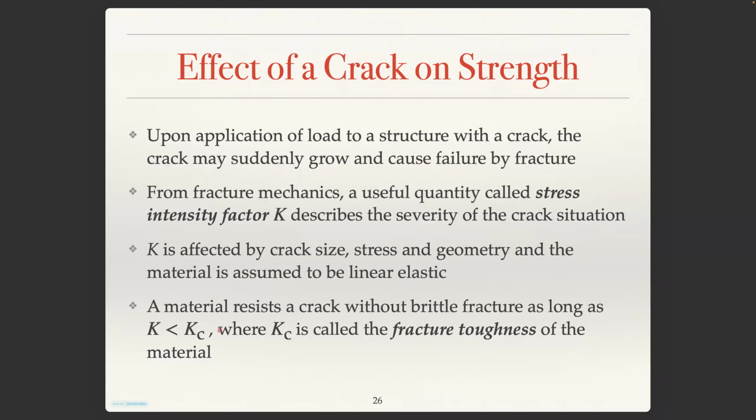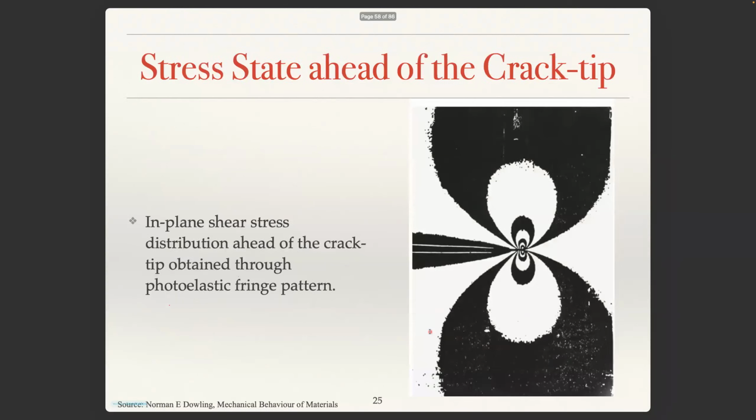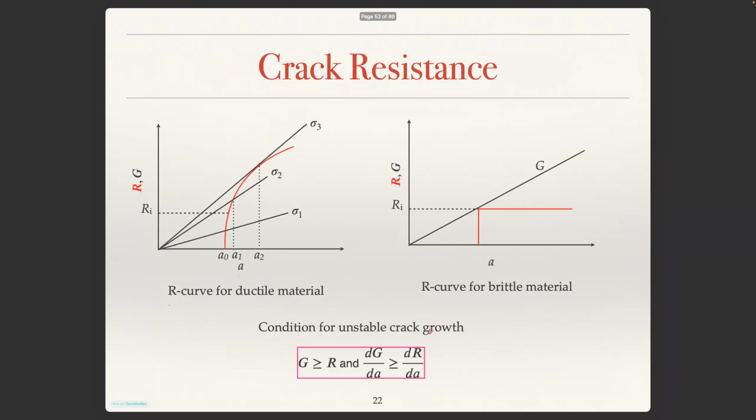In this class, we are only focusing on purely linear elastic fracture mechanics, which is nothing but brittle fracture. So we are not talking about fracture toughness depending on the size of the crack, which was the case here.